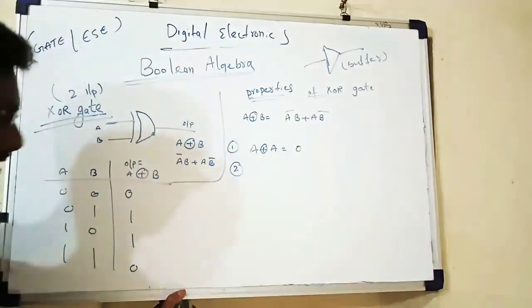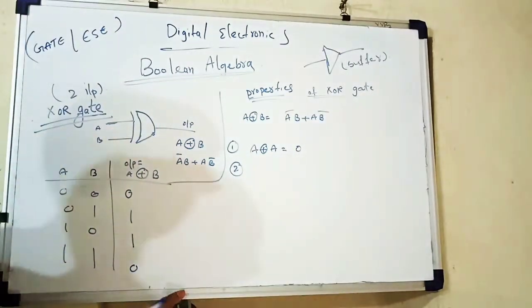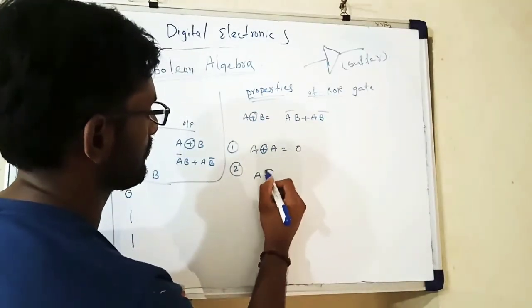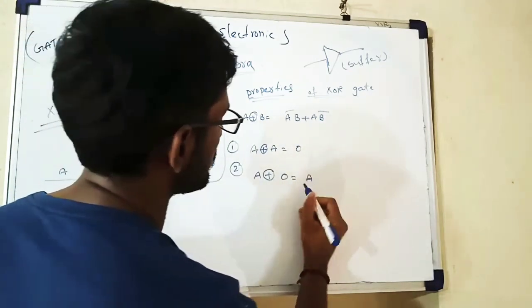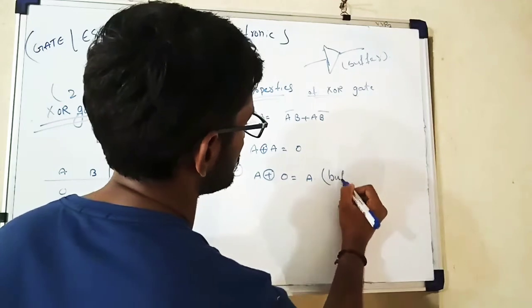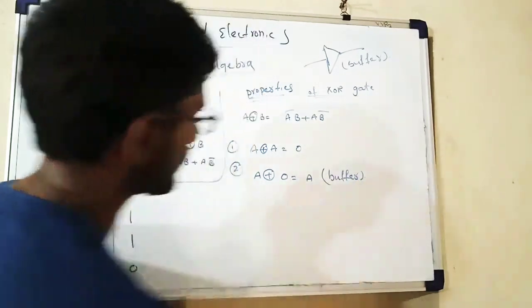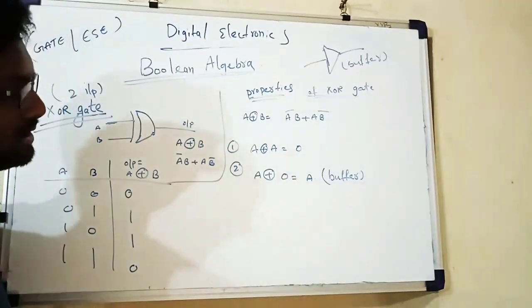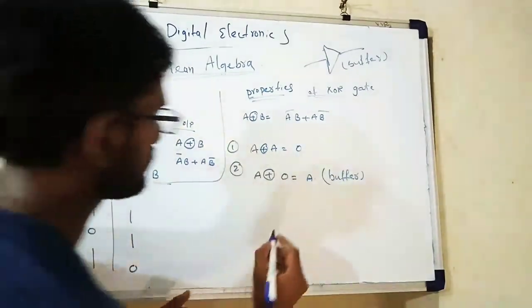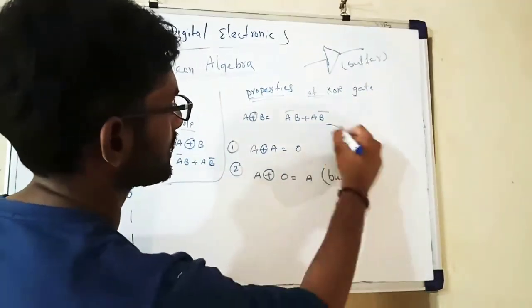This is the first property, and the second property is A XOR 0. We will get this as A. That means for realizing any buffer gate, we can use this XOR gate by giving one input as 0. Now we'll see how we are getting this.